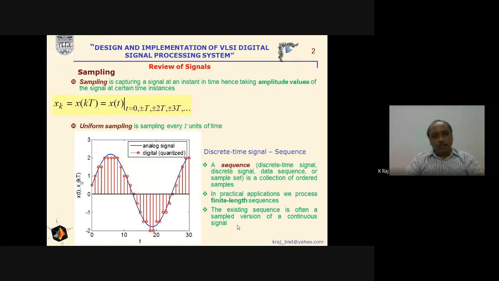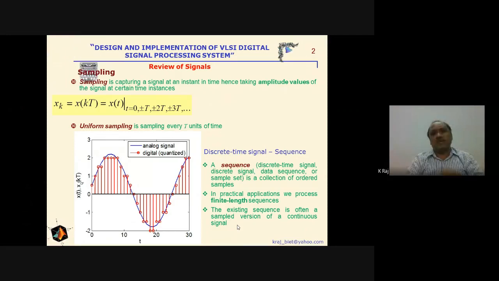As we know, the basic definition of the signal is the variation of any physical quantity or physical energy or physical phenomena with respect to one variable or more than one variables that conveys some specific information.